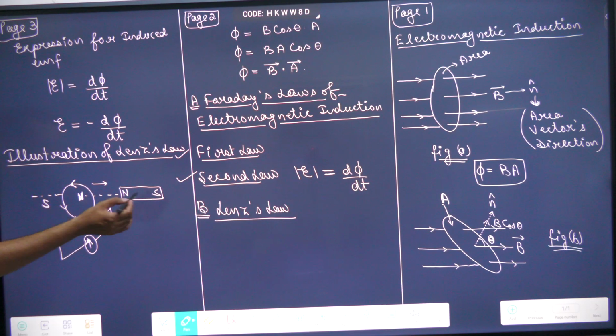A north pole is developed because we have brought this north pole close to this loop. Now this north pole is opposing that north pole. It means that the induced EMF or induced current is such that it opposes the cause which produces it.